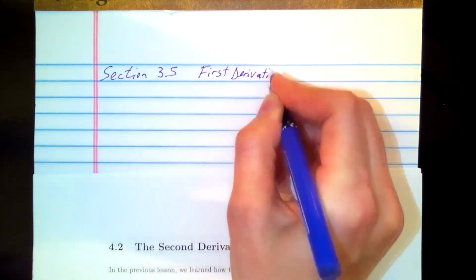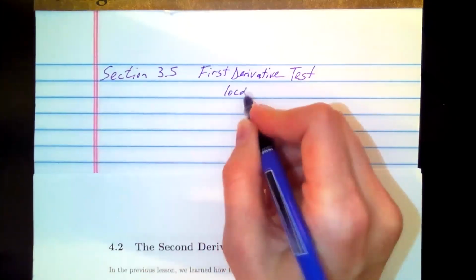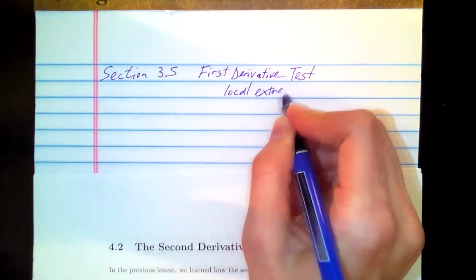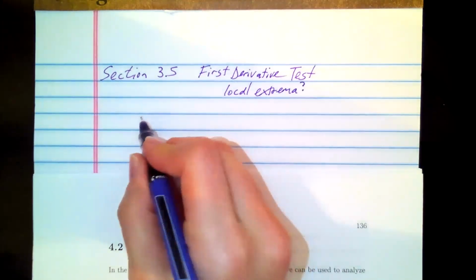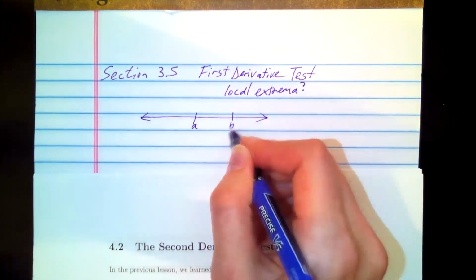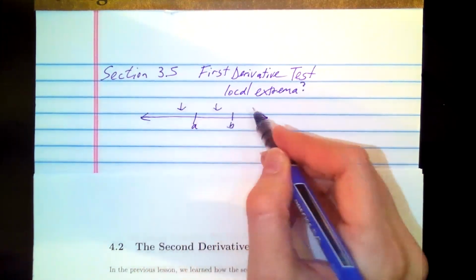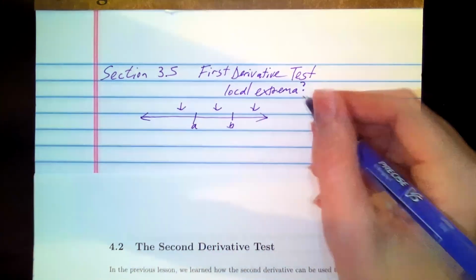And in the first derivative test, your conclusion was where any local extrema were. And the way we did that is by using a number line analysis, putting critical numbers on a number line, and then we picked test points in the region and plugged those into the derivative.